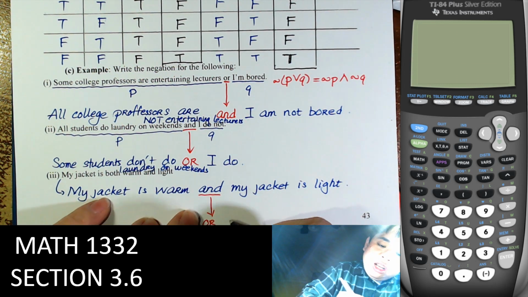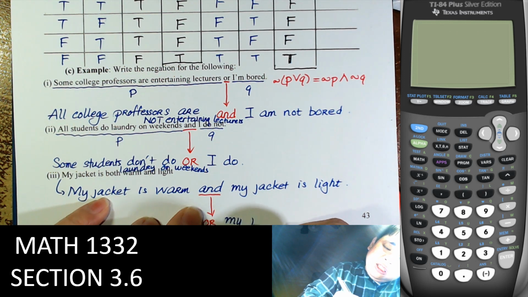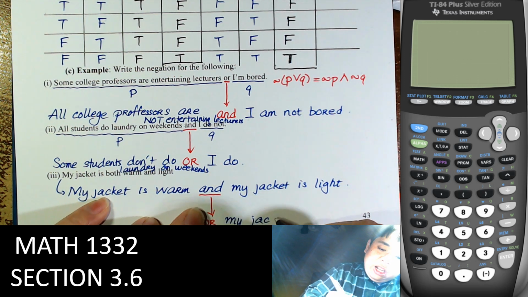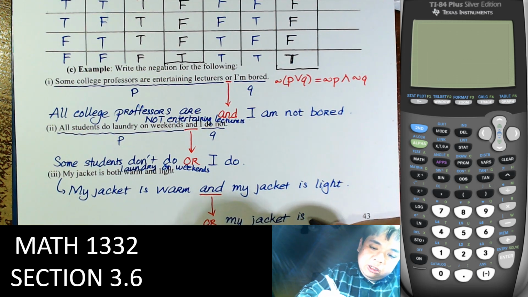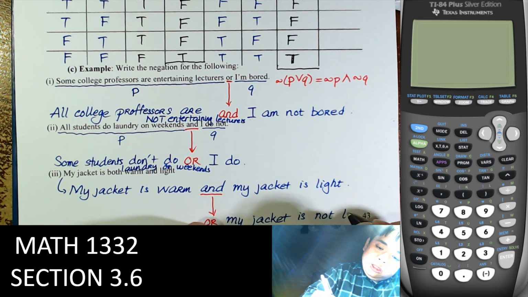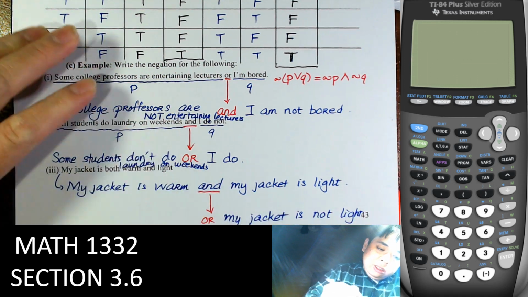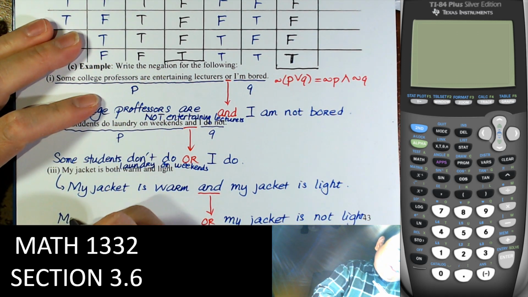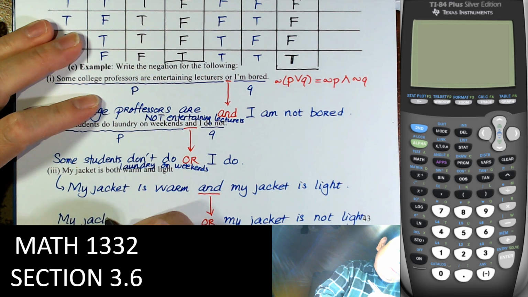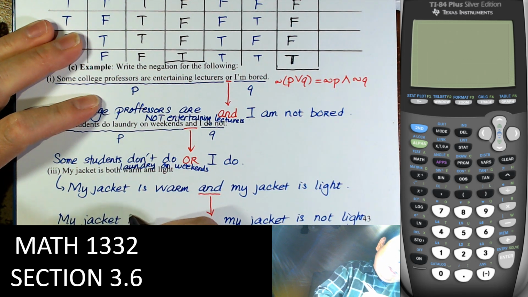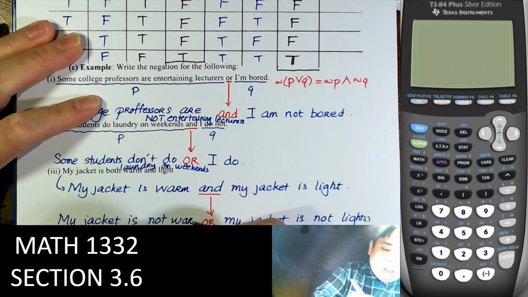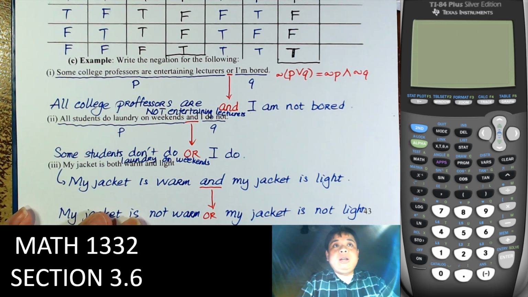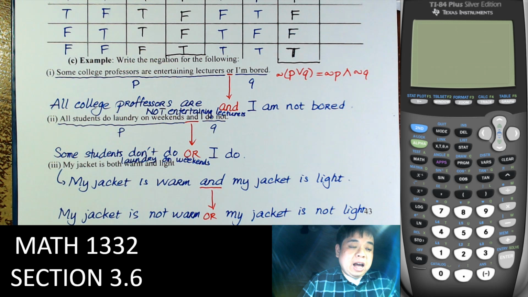We say my jacket is not light, or my jacket is not warm. Right, so that is De Morgan's law.